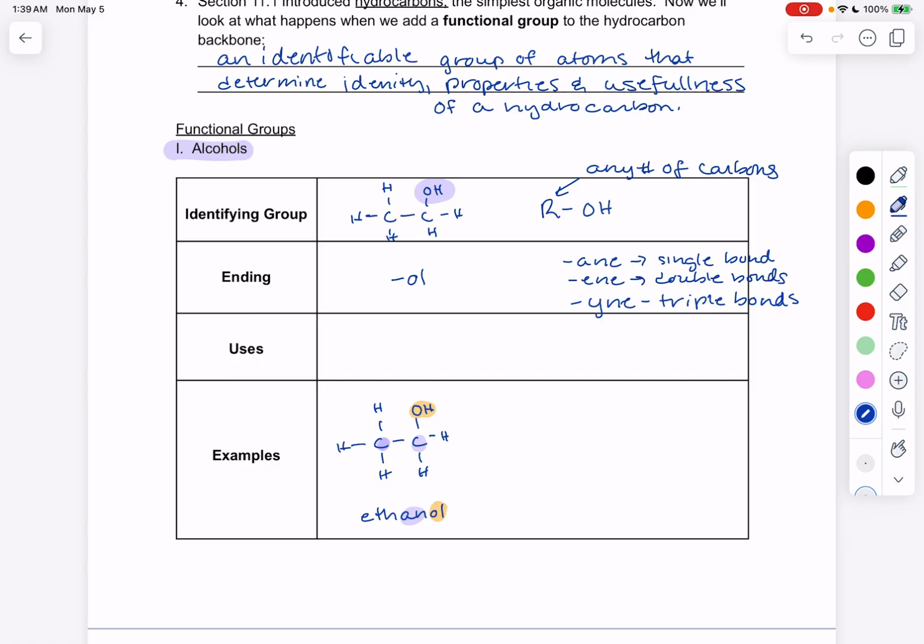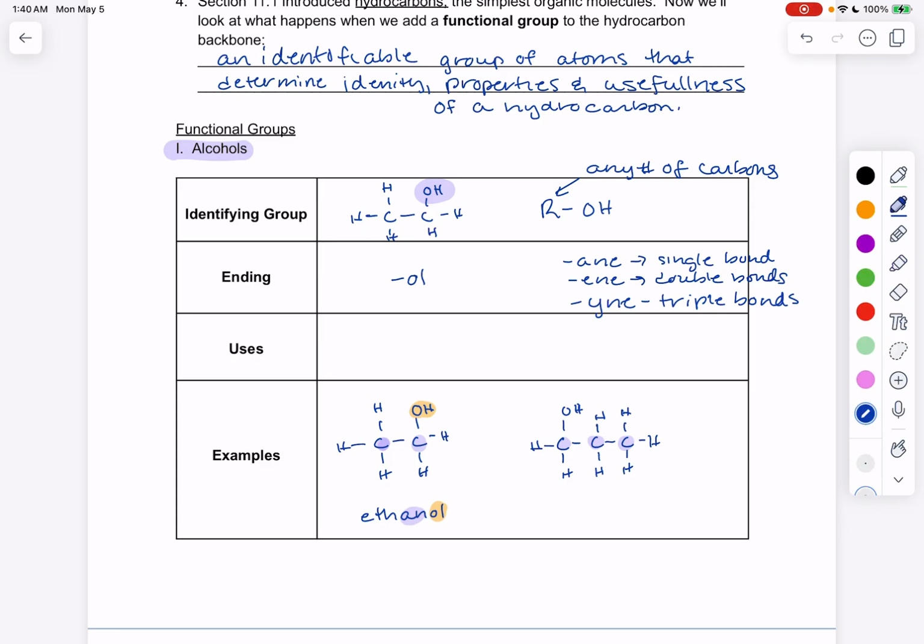Now, in this one, we don't have to tell the world where the OH group is because no matter how we turn it, it'll still be on the first position. However, if we move to one like this, how many carbons do we have? Let's count them. 1, 2, 3. So methyl, ethyl, propyl.